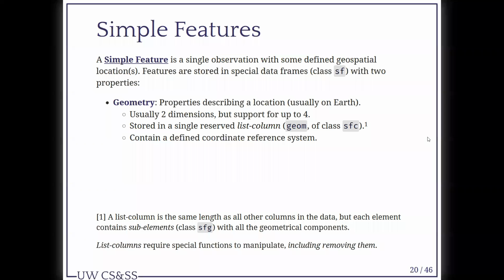So the geometry usually has 2 dimensions, but there's support for up to 4. I don't know what you do with that 4th one, but I'm sure it's cool. Time, temporal shifts.